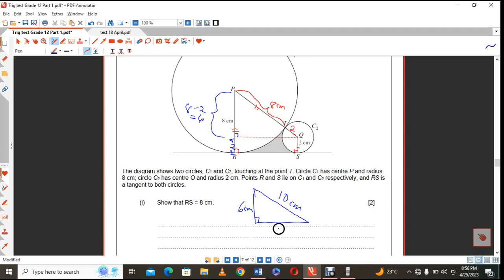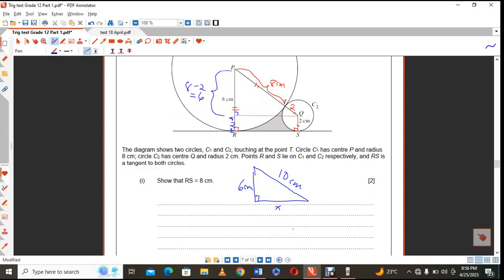And we are supposed to find this distance here. So you can use Pythagoras. I will call that distance x. So x squared, which is the same as our RS, is going to be 10 squared minus 6 squared.